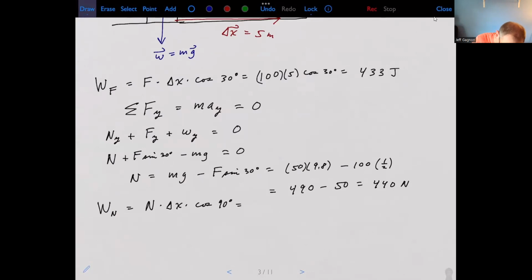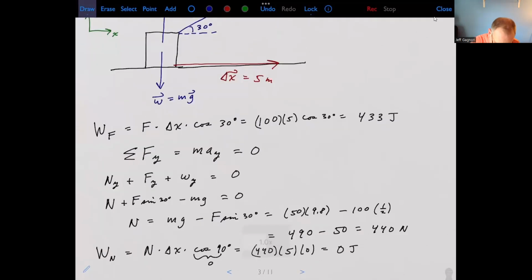And remember, cosine of 90 is 0. So it doesn't even matter what these values are, right? It's going to be 440 times 5 times 0, which is going to be 0 joules. Because the normal force is perpendicular to the displacement, it will not do any work on the object.